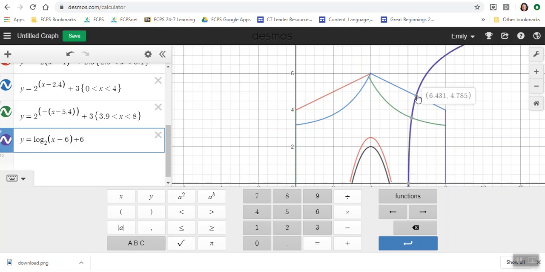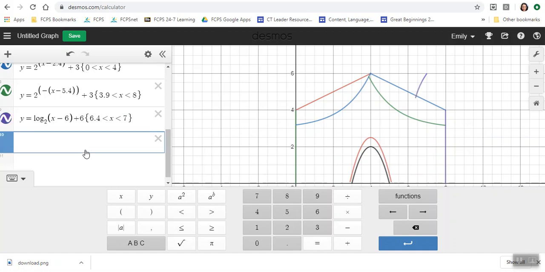I'm going to take this piece here from 6.4 until about 7. Okay, that's decent. And then I just like another one so that it completes the chimney over here.